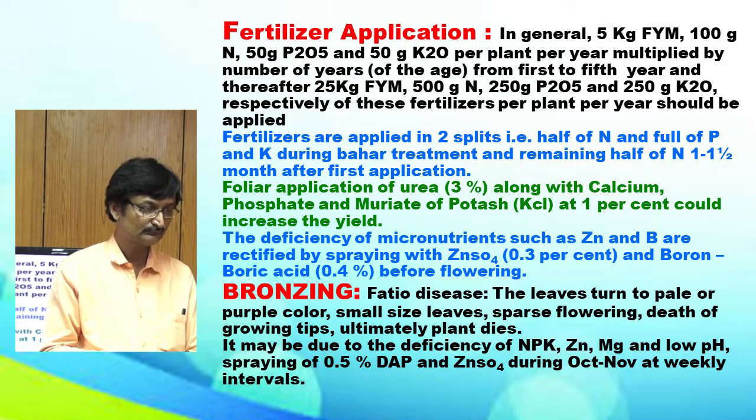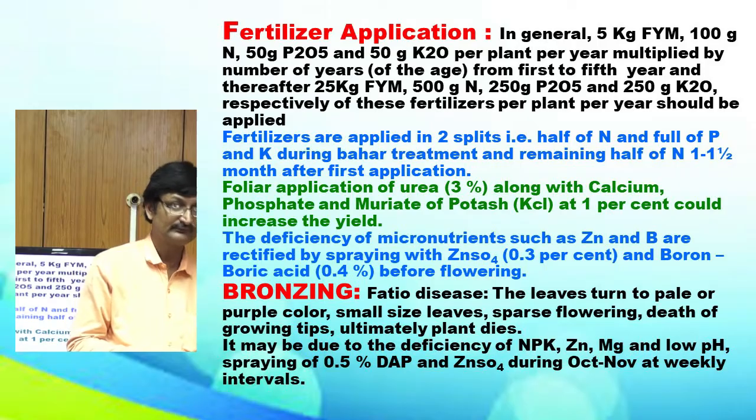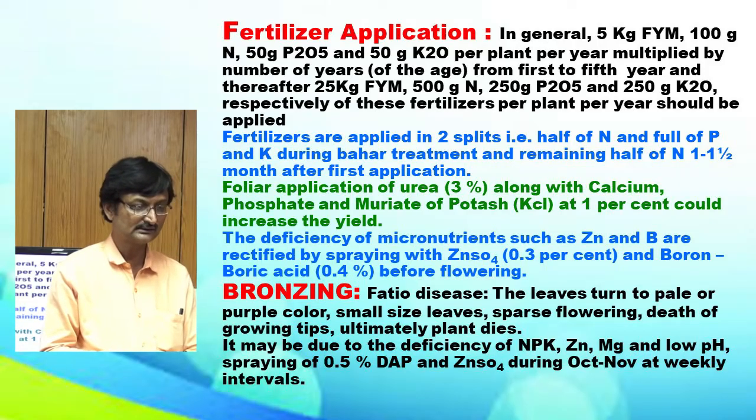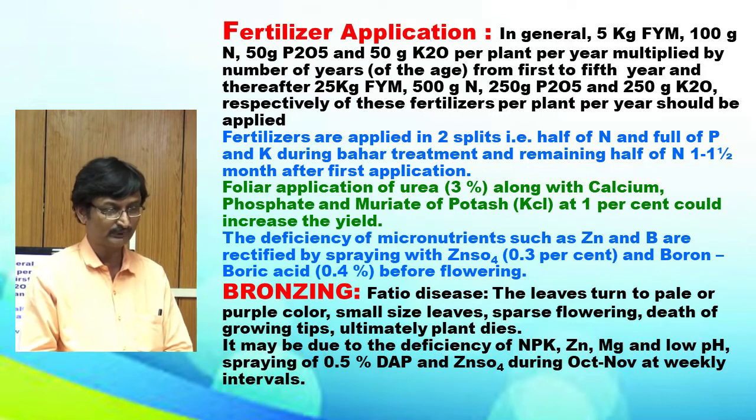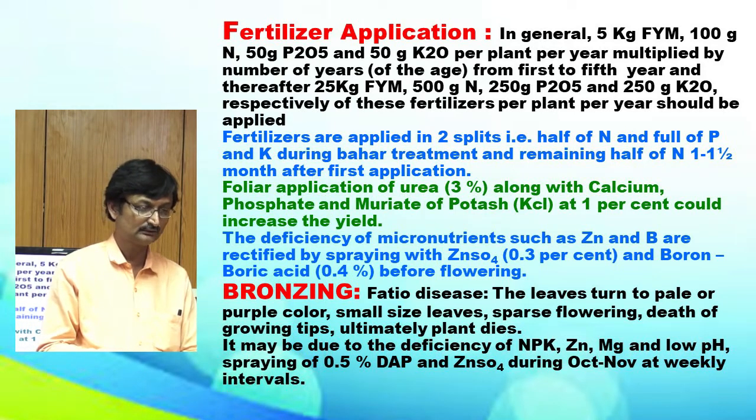The deficiency of micronutrients such as zinc and boron is rectified by spraying zinc sulfate 0.3% and boron in form of boric acid 0.4% before flowering.